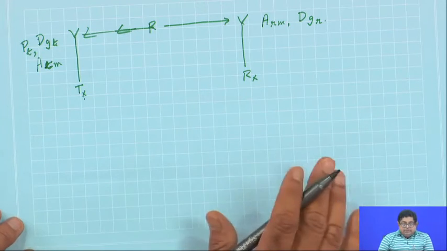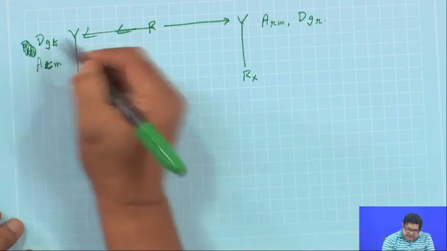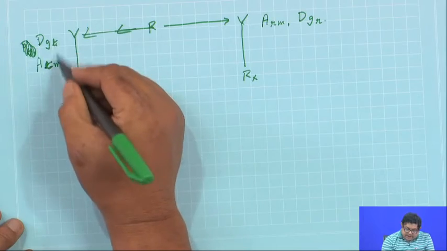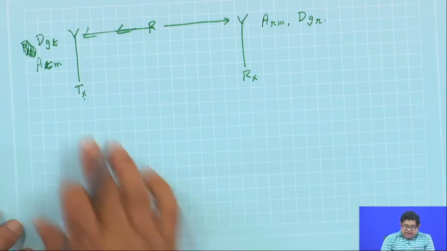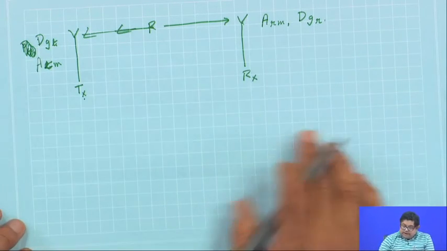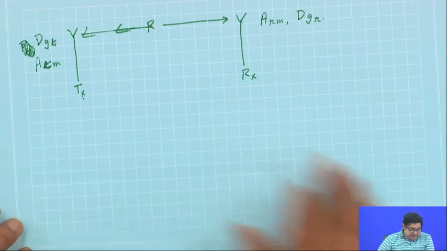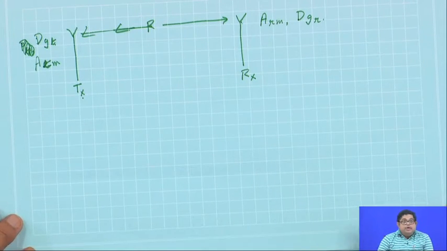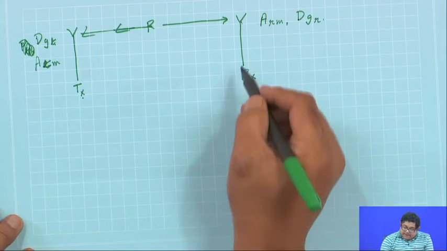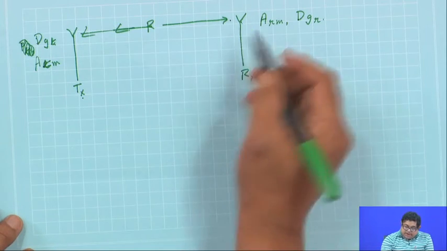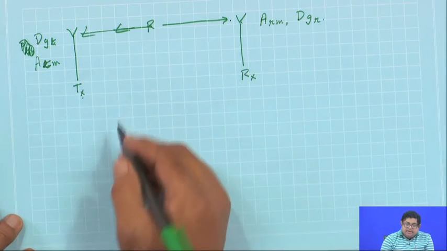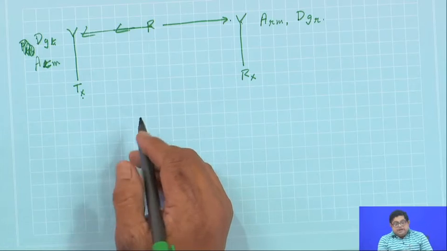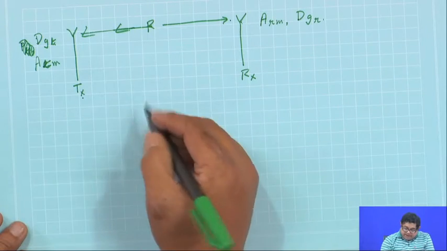So, actually these are the characteristics ATM and DGT for these, ARM, DGR for these, because these are receiving antenna, these are transmitting antenna. Now, what is the power density at this point if this antenna is connected to a transmitter of power PT?